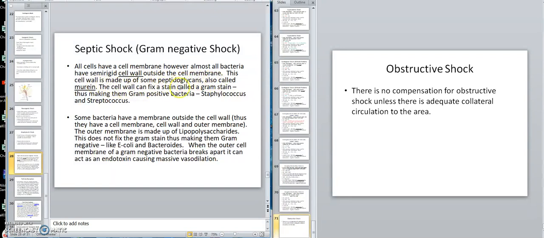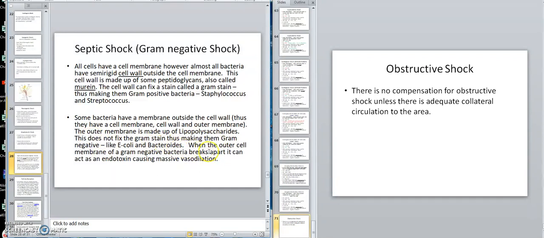The cell wall can fix a stain called a gram stain, thus making them gram-positive. Some bacteria have a membrane outside the cell wall. Thus, they have a cell membrane, cell wall, and then an outer membrane. The outer membrane is made up of lipopolysaccharides. This does not fix the gram stain that you'll talk about in microbe, thus the gram-negative, like E.